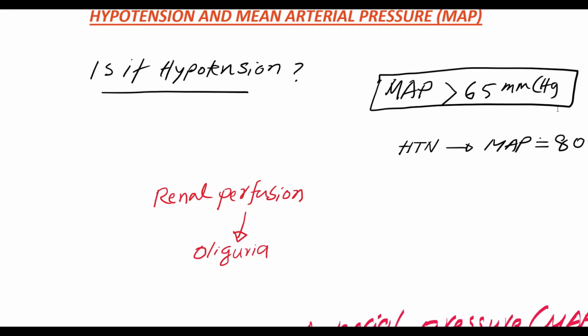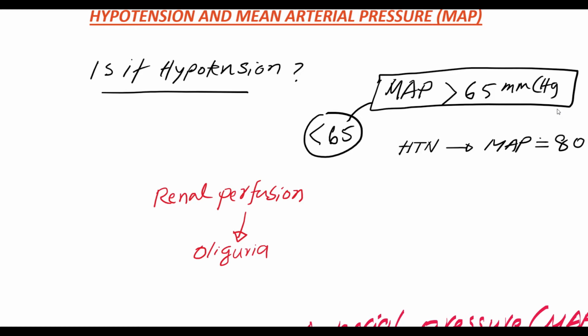But in some cases, especially those patients with hypertension, mean arterial pressure should be around 80. So when mean arterial pressure goes below 65, only then we can call it hypotension.